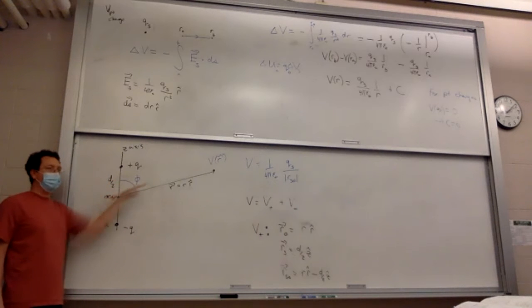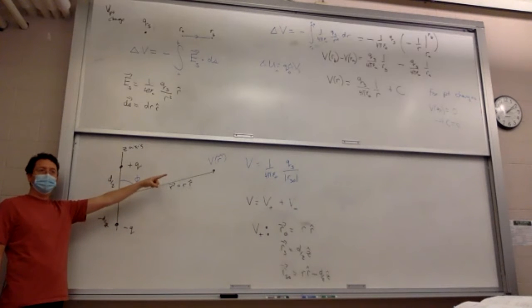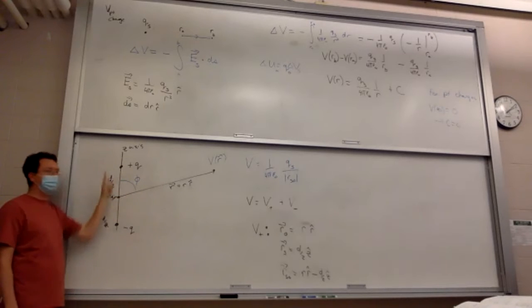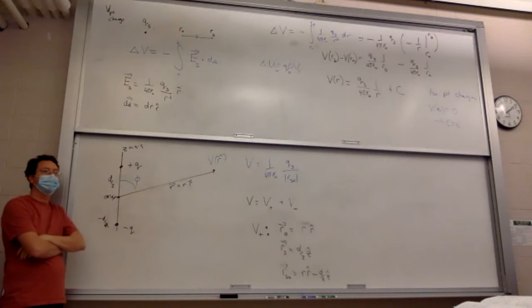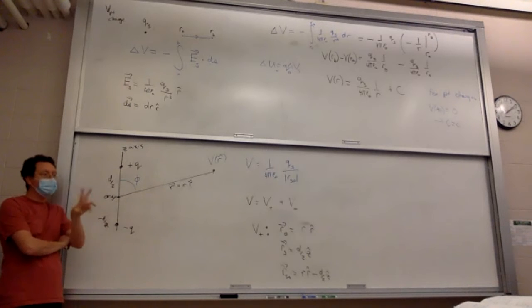R hat points radially away from the origin because it's the spherical radial unit vector. Z hat points along the z-axis. Is R hat perpendicular to z hat? No. If they were perpendicular, what would their dot product be?